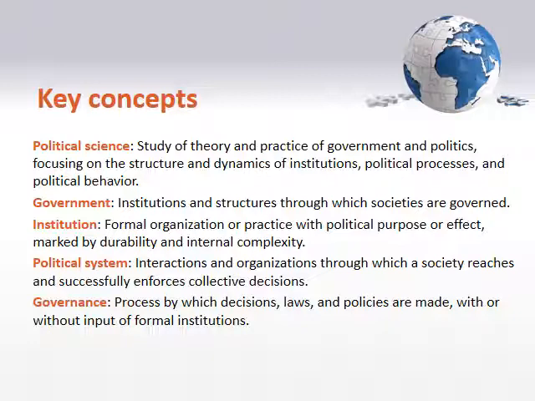They're also marked by durability, they persist over time, and complexity, which is why we need to study them. Political systems are the various structures that societies use to reach and enforce political decisions, collective decisions. Governance, as opposed to government, is the process by which decisions and laws and policies are made. Government is the institutions, governance is the process.